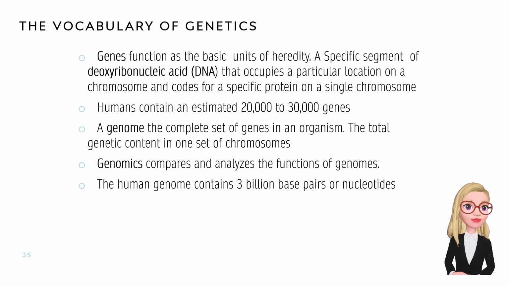Again, more vocabulary. We have about 20,000 to 30,000 genes, right? And again, we'll talk more about some of these things as we move along. The human genome contains about 3 billion base pairs or nucleotides. Again, just a feedback back to our microbiology.